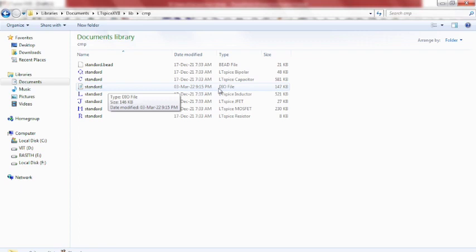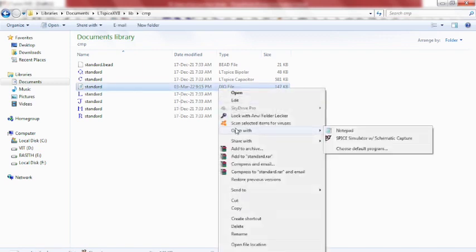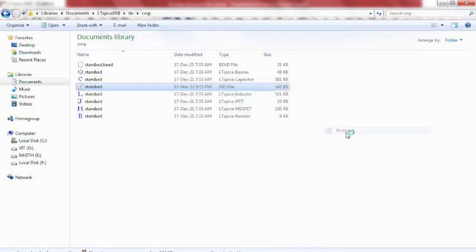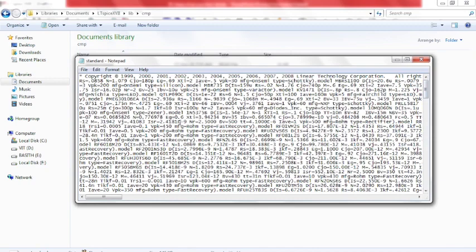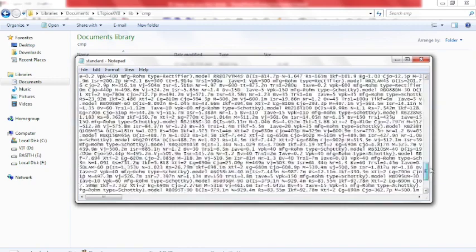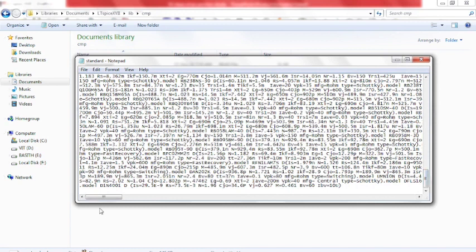The diode file will be available here. Just right click, open with Notepad. Then these are the specifications of the available diodes in the space. Below, you can add this.